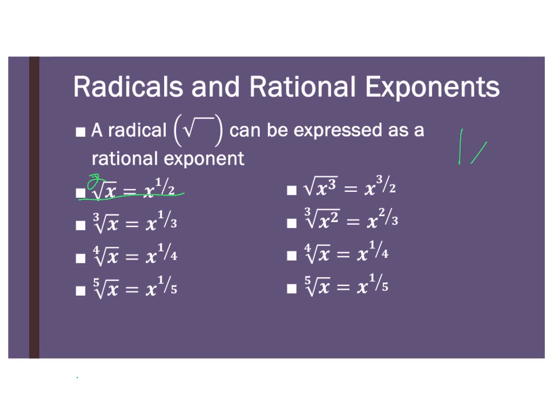Like we don't write 1x, we write x. When we don't write the 2, it's just the square root. So square root of x is x to the 1/2. Notice the cube root is x to the 1/3. Fourth root is x to the 1/4. Fifth root is x to the 1/5.